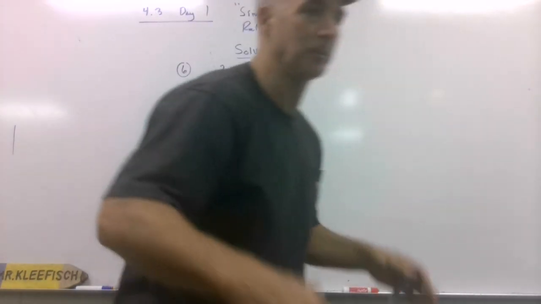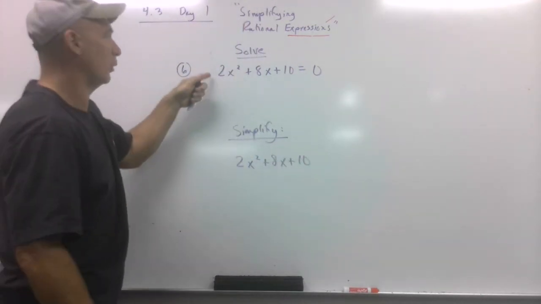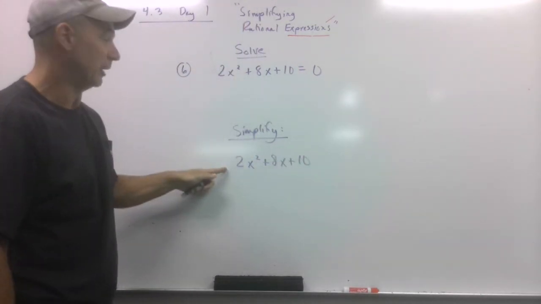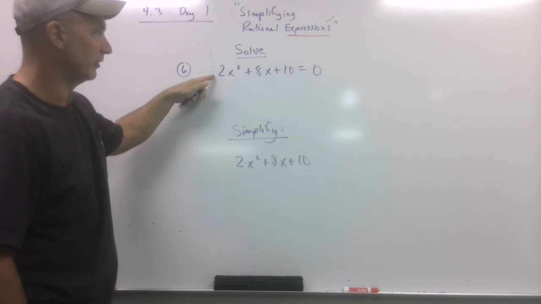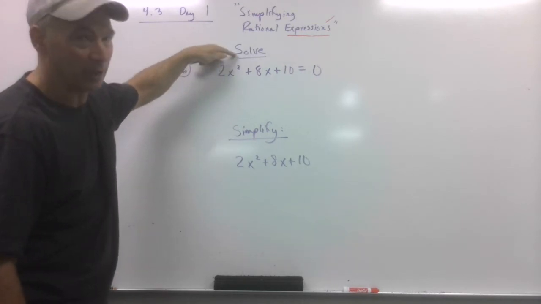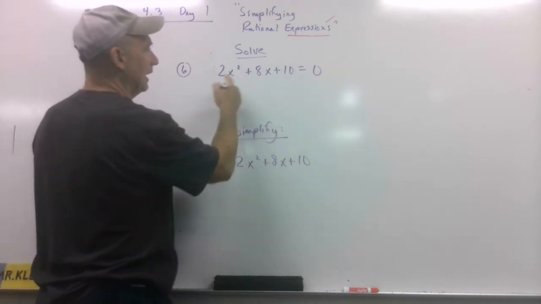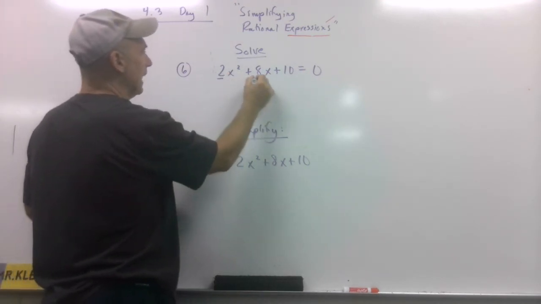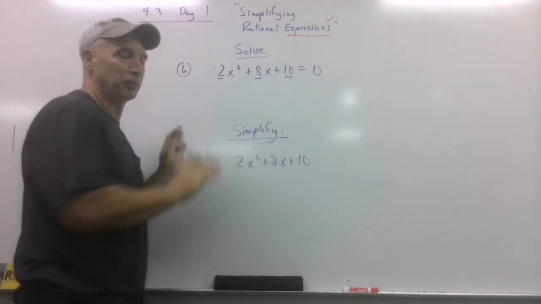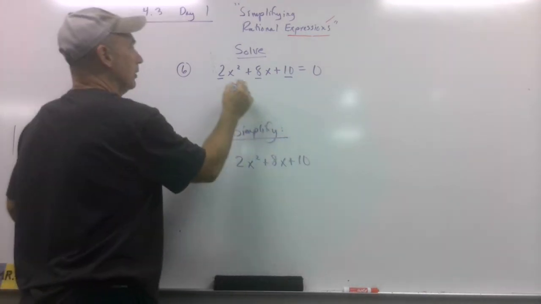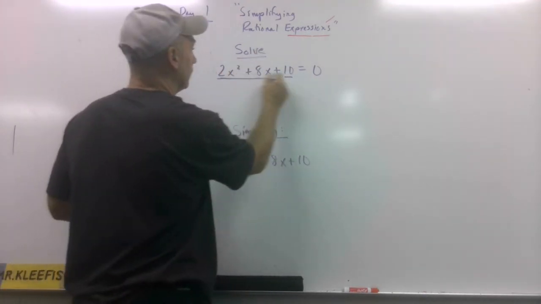Okay, just so you can wrap your brain around the difference between an equation and an expression, notice this equals 0, and it's going to say solve. You've done these. I'm not going to finish this problem. But on this problem, you could just say, hey, I don't want to plug this in for A, B, C, if I put that all into the quadratic formula. You can, but save some time.